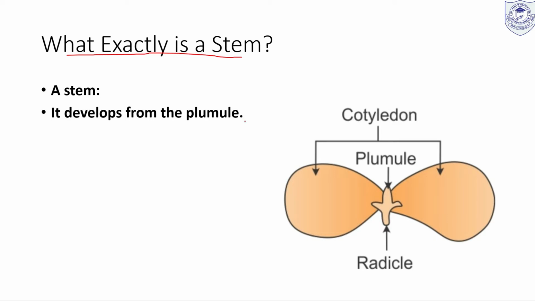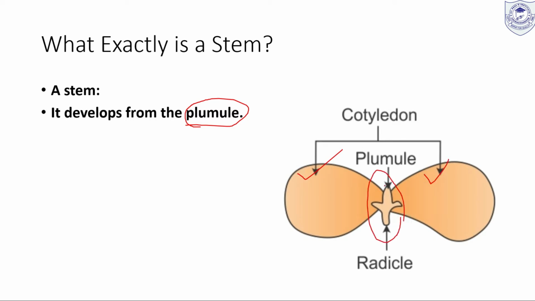We know the stem, right? So what exactly is a stem? A stem develops from the plumule of a seed. Okay, so this is a seed, and these are the two cotyledons of a seed. This is the developing embryo.